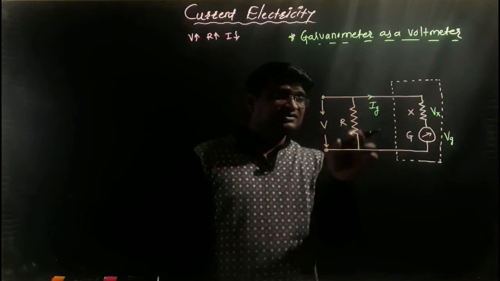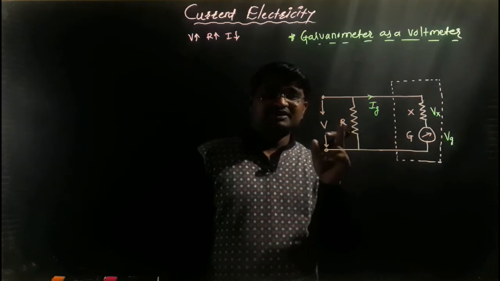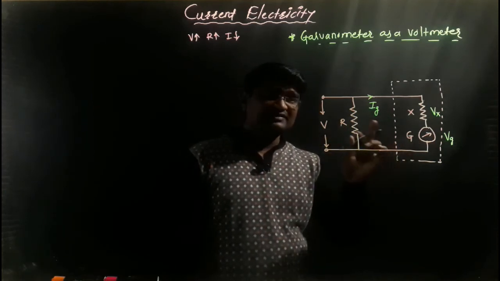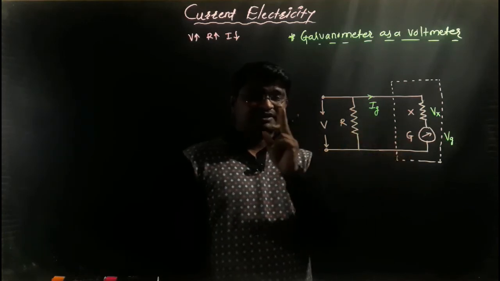Here the resistance is connected in parallel with the moving coil galvanometer. When the resistance is connected in parallel, the resistance will increase. When the resistance is connected in series, the resistance will decrease.